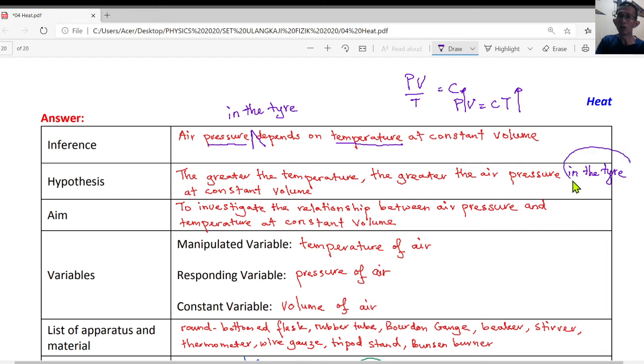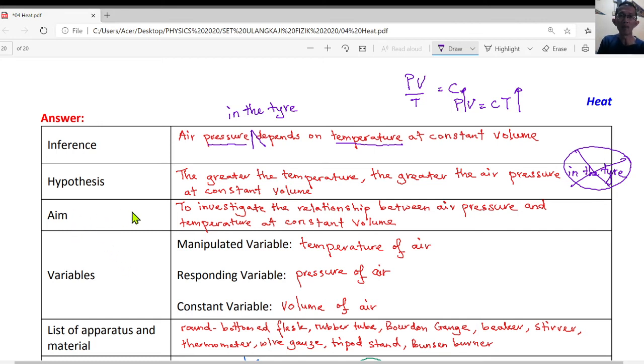Because we don't have car tires in the lab, right? So this one cannot be written here. I repeat that the hypothesis onward, hypothesis and variables, must be something that you can do in the lab.